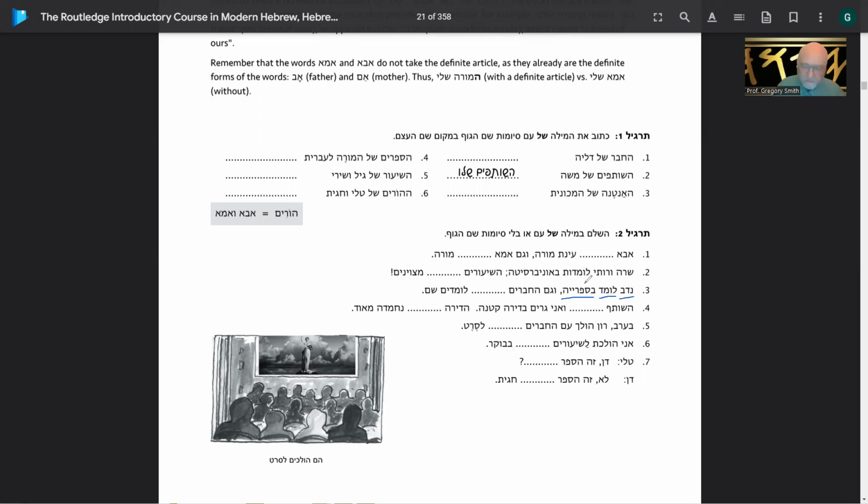But it should have another yod in there. Yeah, there we go. Basifria, that's what I thought it was. So Nadav Lomed Basifria is studying in the library.